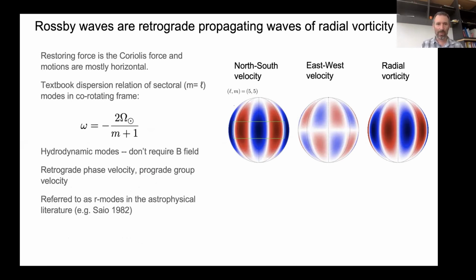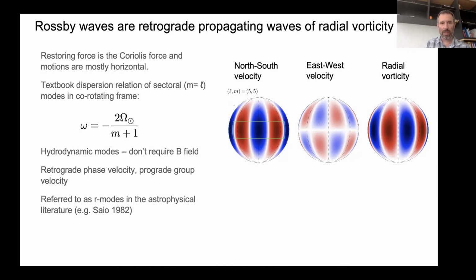They look like big swirls. So they have radial vorticity, but they don't have horizontal divergence. Here are some images on the right. You can see the north-south velocity, the east-west velocity, and the radial vorticity associated with an L equals M equals 5 Rossby wave.